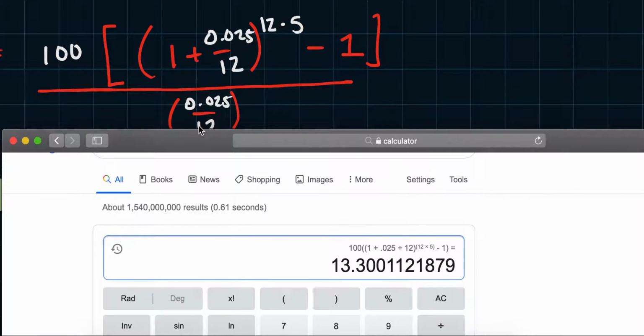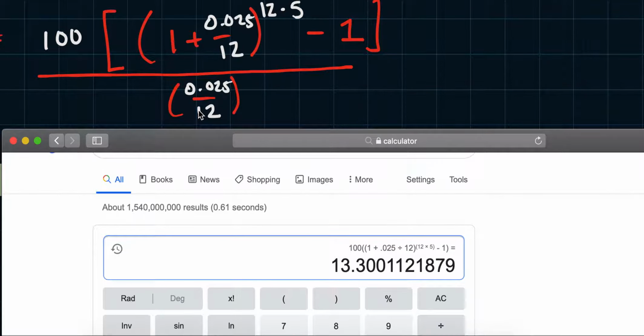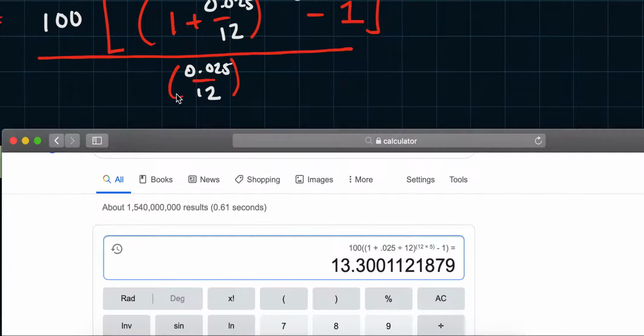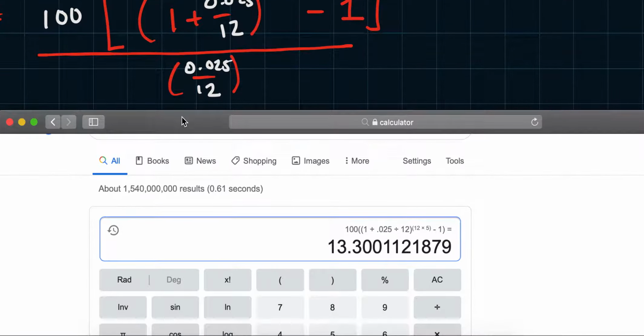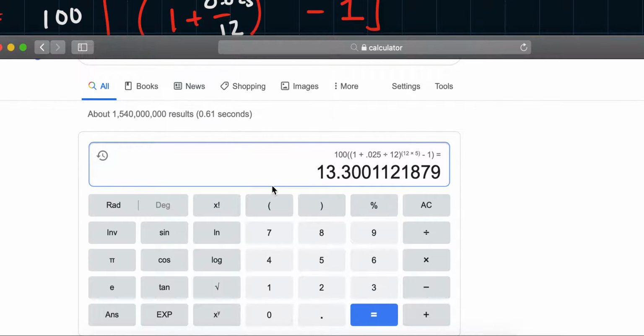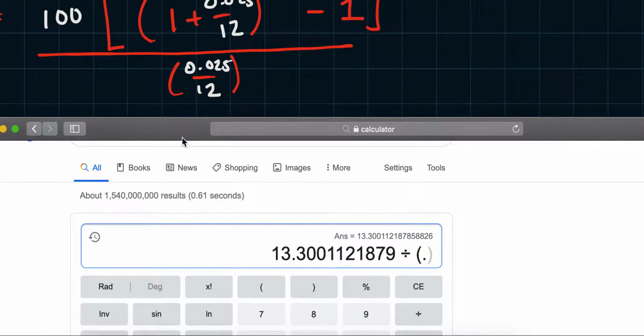Okay. The next thing we're going to do is we're going to hit the division sign. So automatically, right after you get this, hit divide, okay? Then in parentheses, put what's on the bottom, which is 0.025 divided by 12. All right? 0.025 divided by 12. Enter.